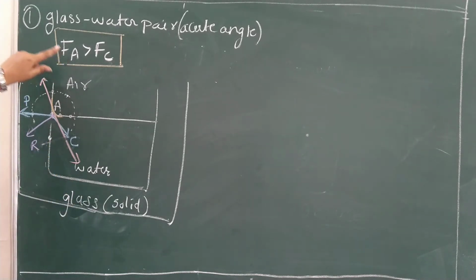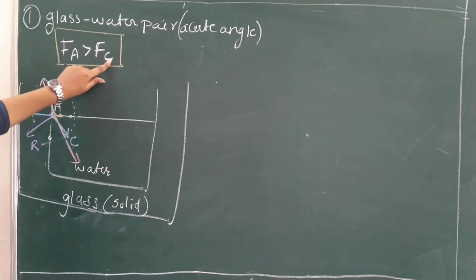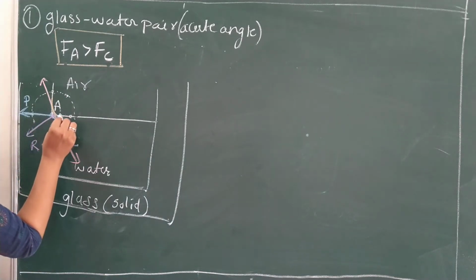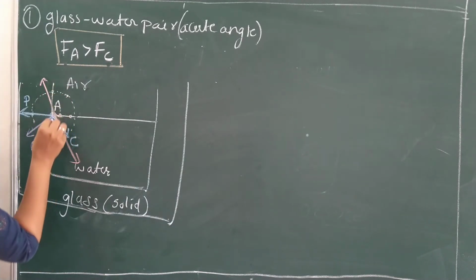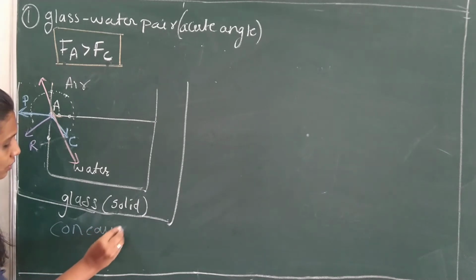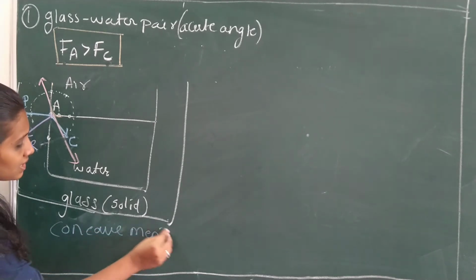In this case your adhesive force is greater than cohesive force. Because of that, these molecules are lifted up by the solid, and so it takes a concave shape. So we get a concave meniscus here.